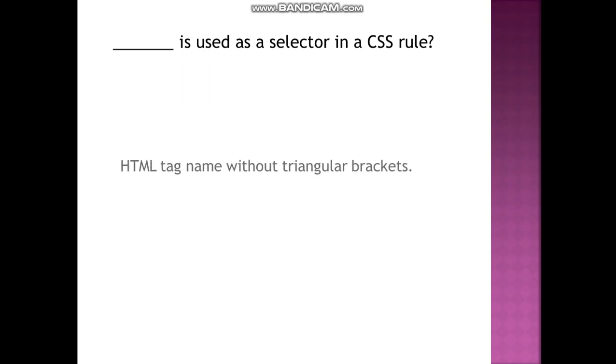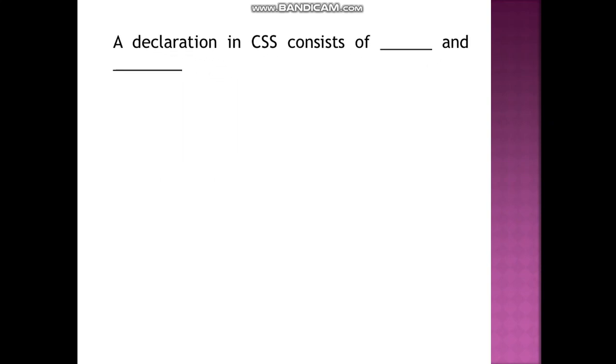An HTML tag name without the triangular brackets is used as a selector. A declaration in CSS consists of property and value. So in a declaration we have to give two things, that is, property and its value.